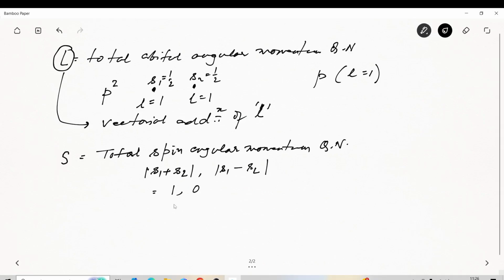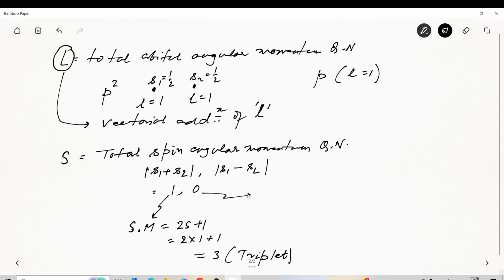So when this is 1, we know that the spin multiplicity is 2S plus 1, isn't it? So this is 2 into 1 plus 1, so it is 3. So we say it is a triplet. When the spin multiplicity is 3, we say it is a triplet state.